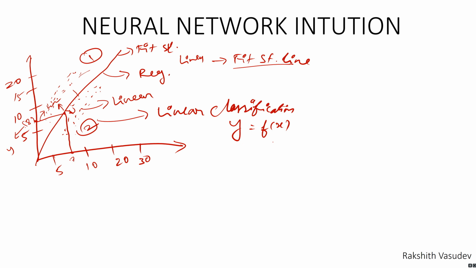Y is a function of x. That is the idea behind linear regression, and specifically the function is y equals mx plus b, where b is the y-intercept. So this is basically linear regression.